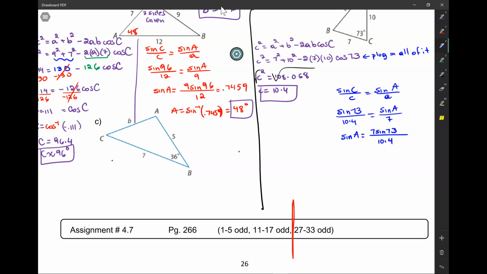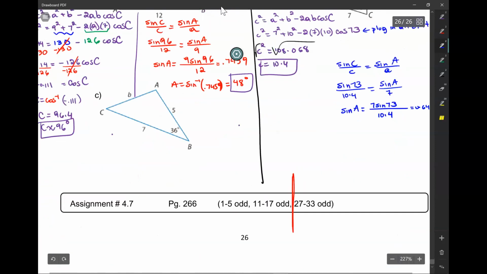So I get 7 sine 73 over 10.4. And that's 0.6437.